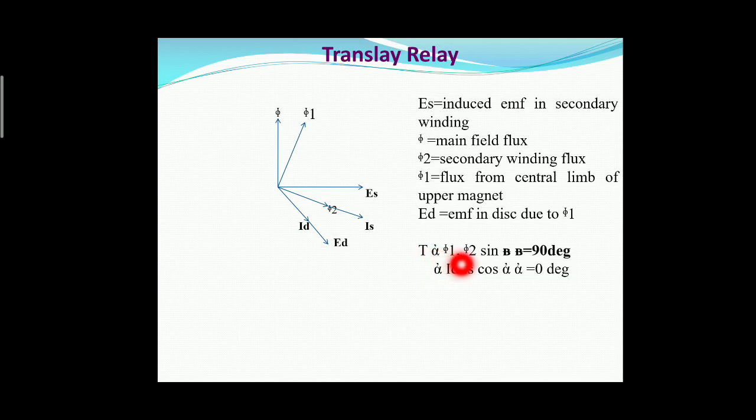Then the torque is proportional to phi 1 phi 2 sin beta, where beta is 90 degrees. That is proportional to ID IS.